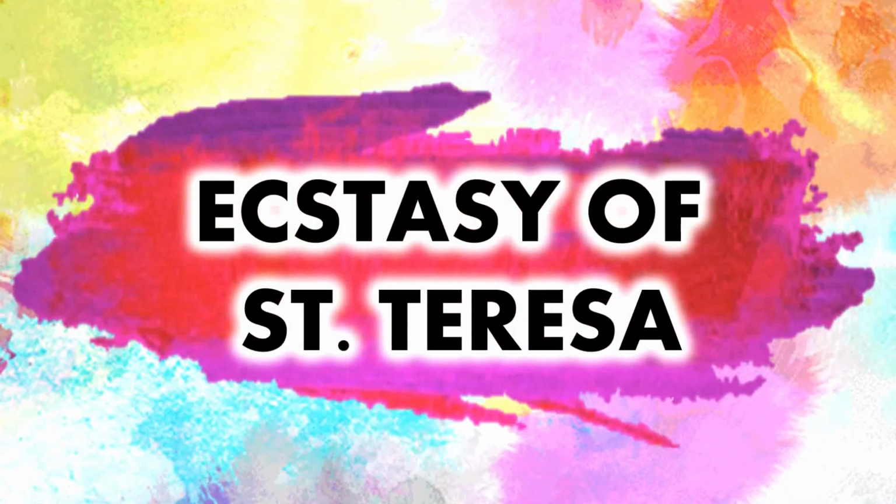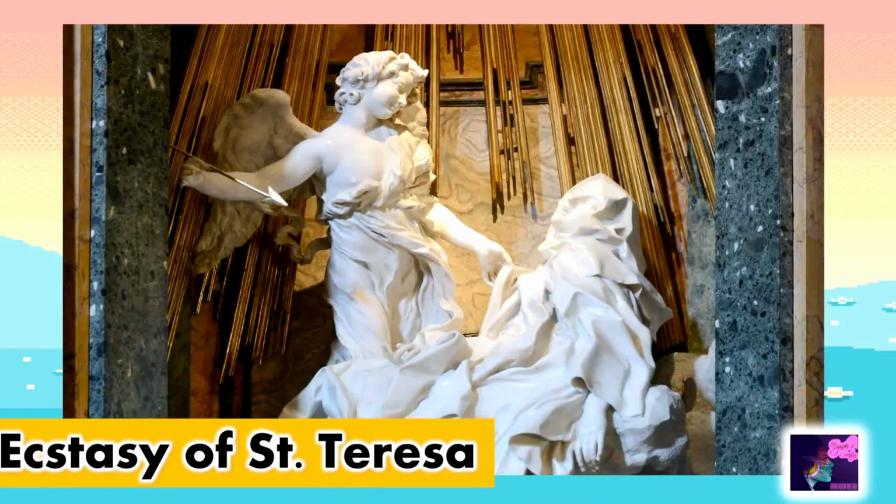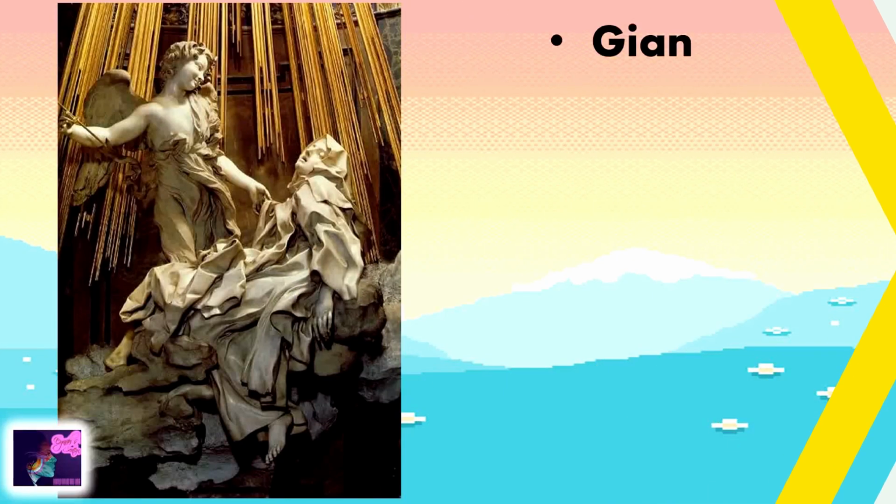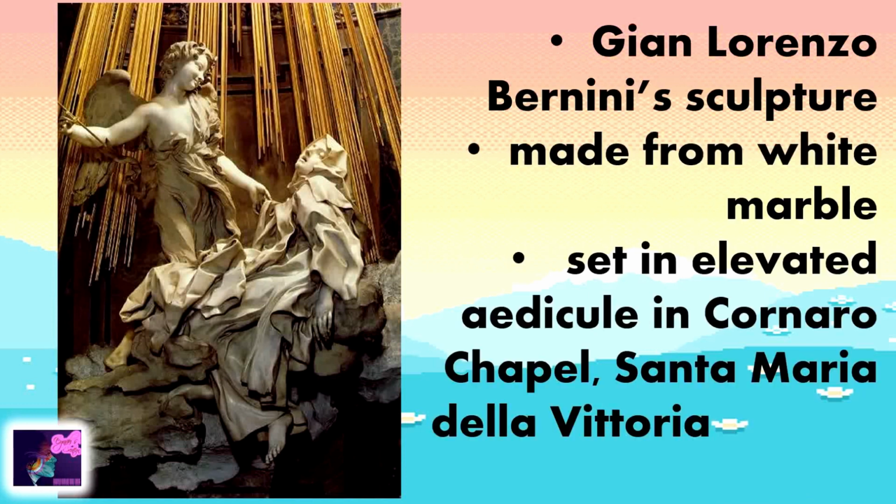Let's go to our last Baroque art, which is entitled The Ecstasy of Saint Teresa. This is how it looks like. It is found in the Cornaro Chapel. Gian Lorenzo Bernini's sculpture, made from white marble.